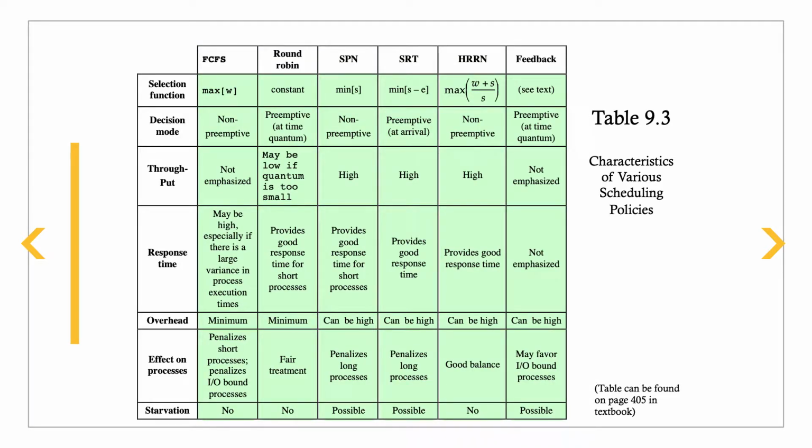There's also table 9.3, which is a great reference, and this has a whole bunch of different methods of selecting the next process, and it gives us some great information about throughput and response time and overhead for the various approaches like first come, first served, round robin, shortest process next, shortest remaining time, etc.